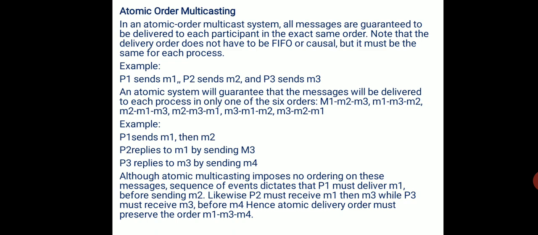Atomic multicasting imposes no ordering on these messages. The sequence of events dictates that P1 must deliver M1 before sending M2. Likewise, P2 must receive M1 then M3, while P3 must receive M3 before M4. So the atomic delivery order must preserve the order M1, M3, M4.